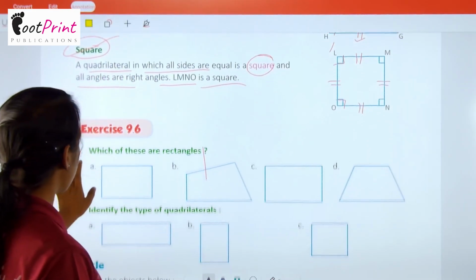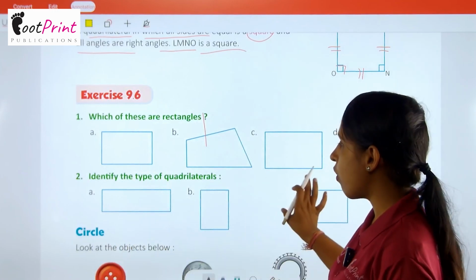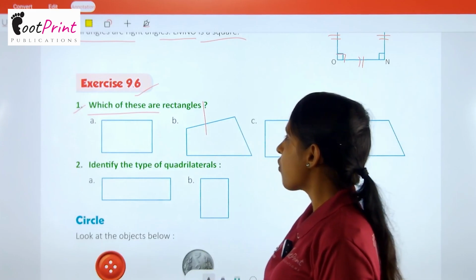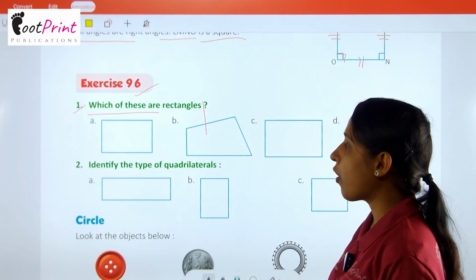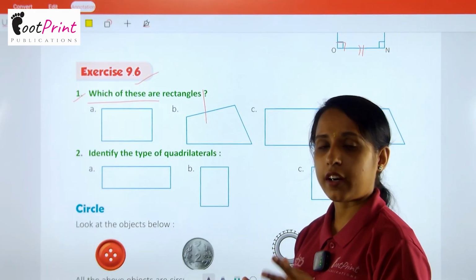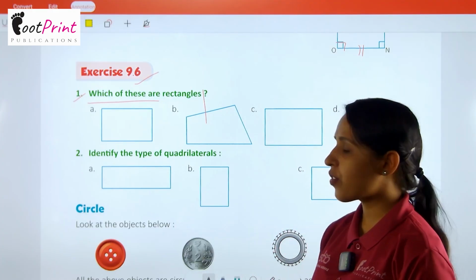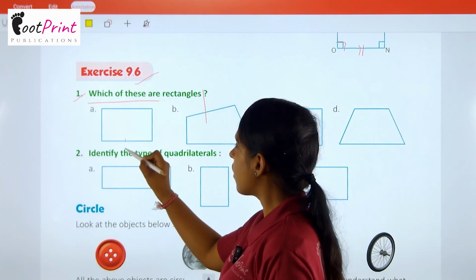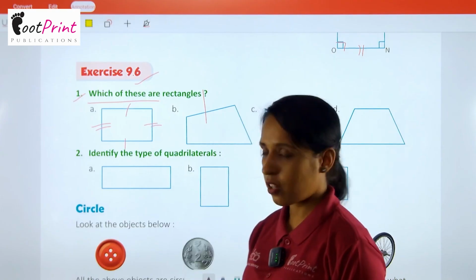Okay, so on the basis of this concept of quadrilaterals, we will solve this exercise. First question: which of these are rectangles? We have to find which of these figures are rectangles, and we know that in a rectangle opposite sides are equal and each angle is 90 degrees. Here this side is equal to this one, and this one is equal to this one.